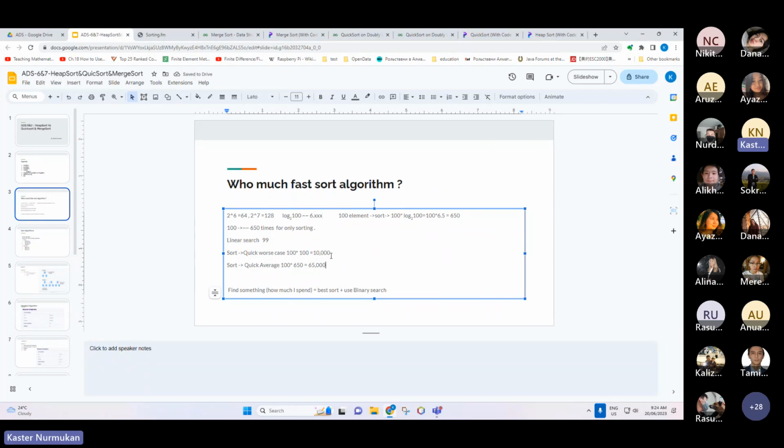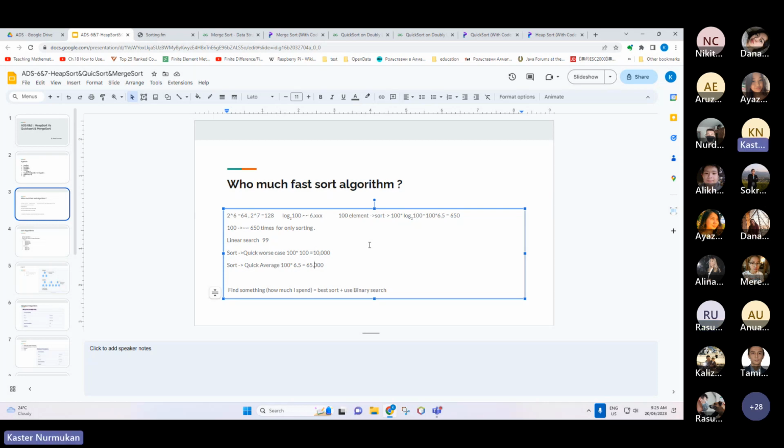Oh, hold on. No. Something is wrong. No, Quicksort average. It's log time, 6.5. Right?